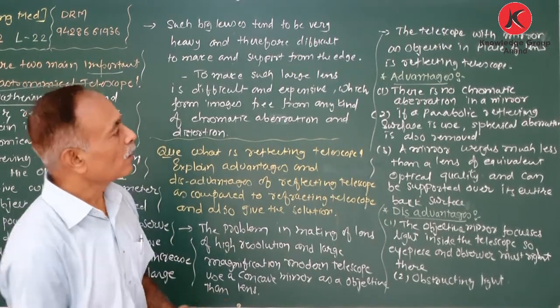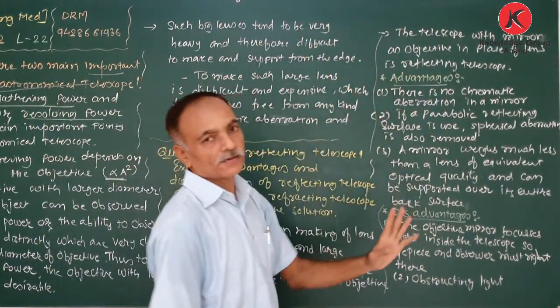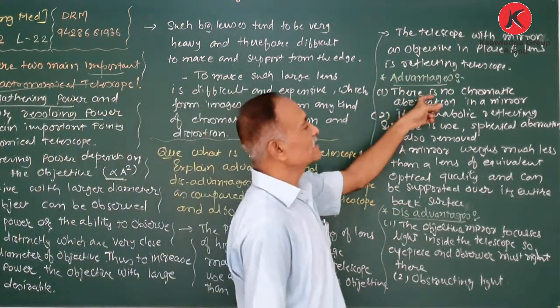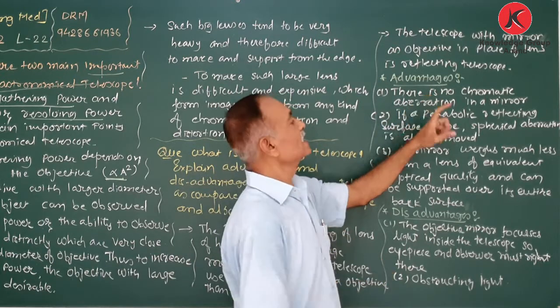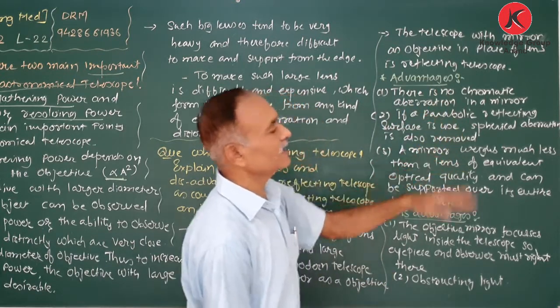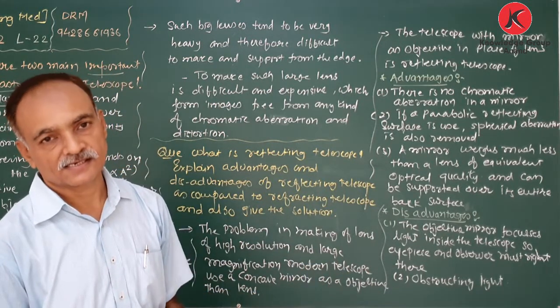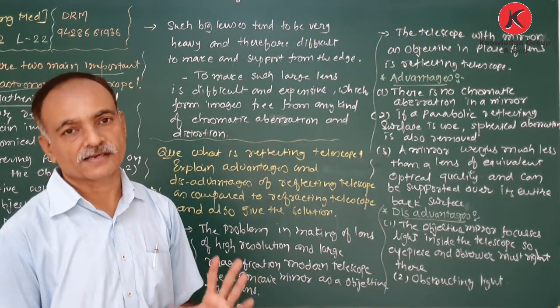Clear this? Now, what are the advantages of the mirror instead of a lens? Yes, we are using the mirror instead of a lens. The chromatic aberration in the mirror is removed; there is no chromatic aberration. What is chromatic aberration?